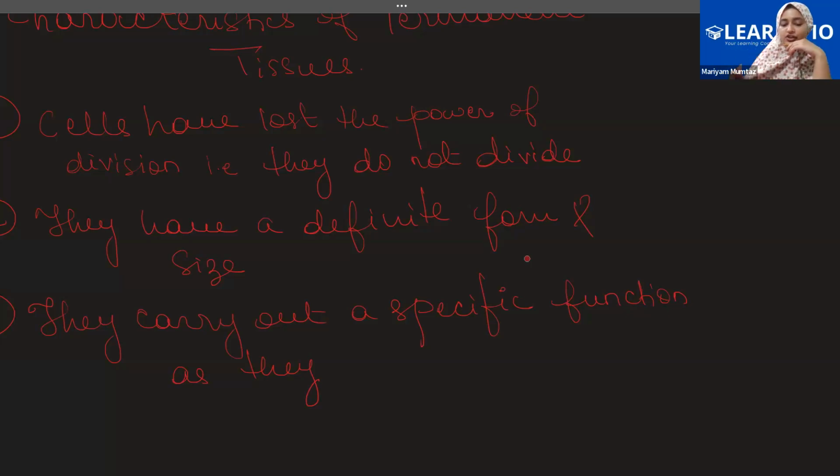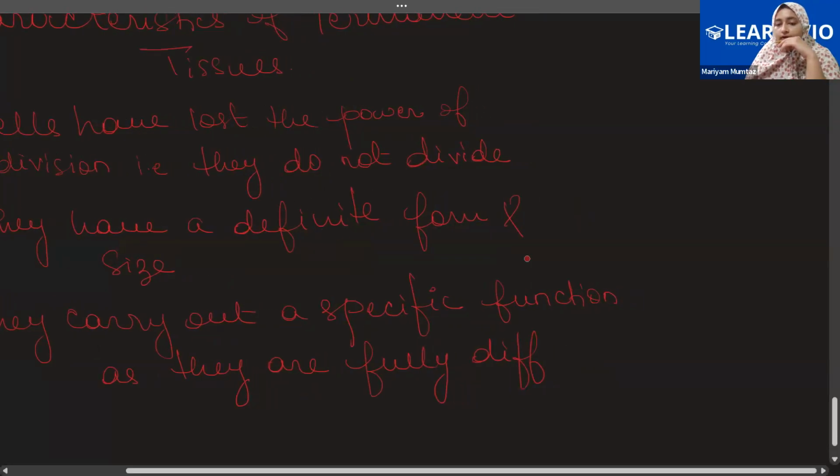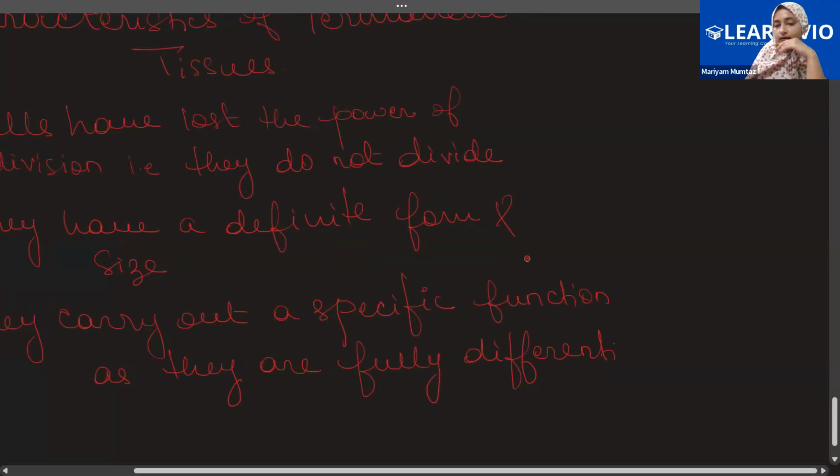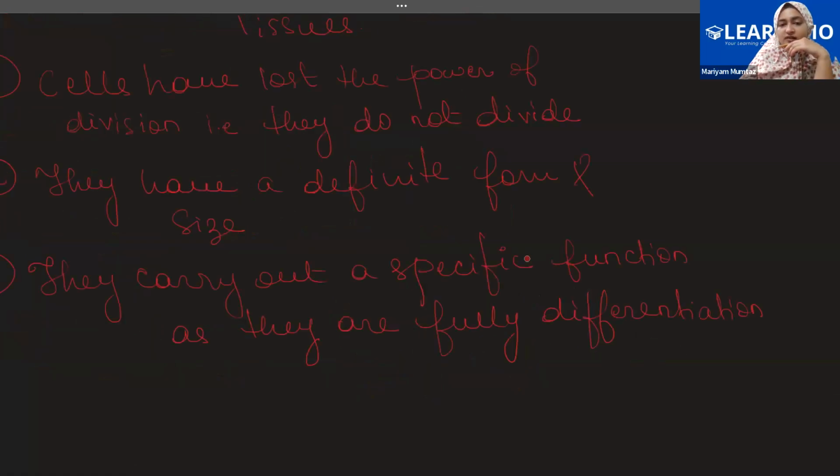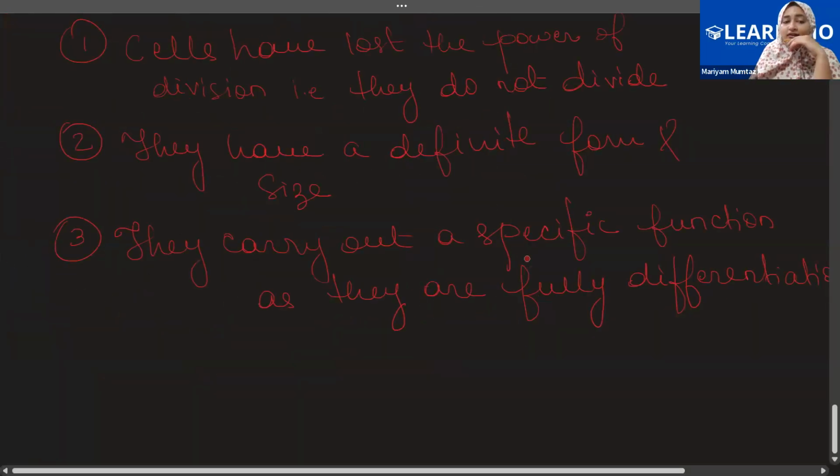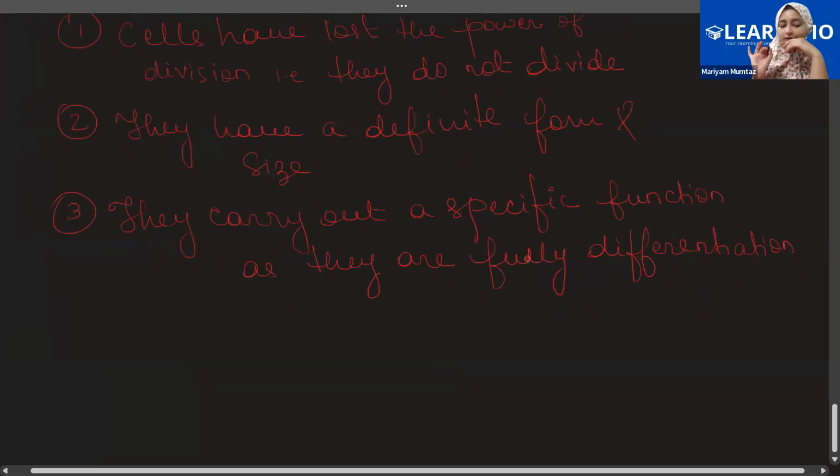As they are fully differentiated, always remember what differentiation means. That is why they carry out a specific function, meaning each of them has its own functions assigned to it.